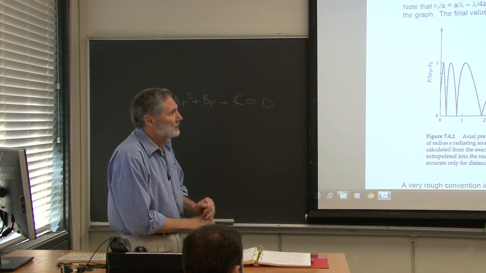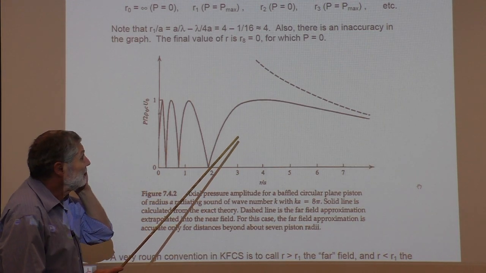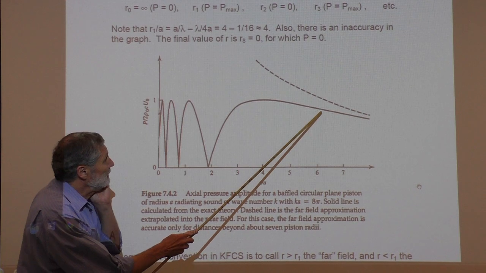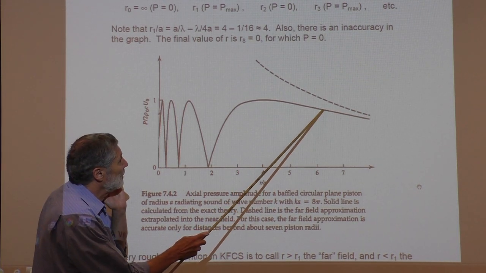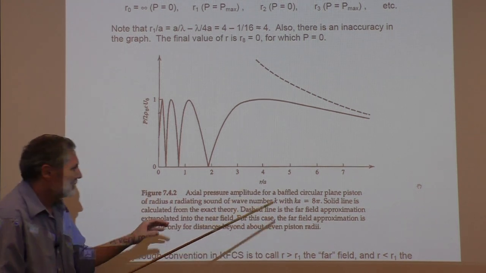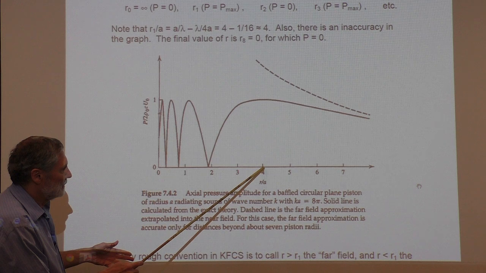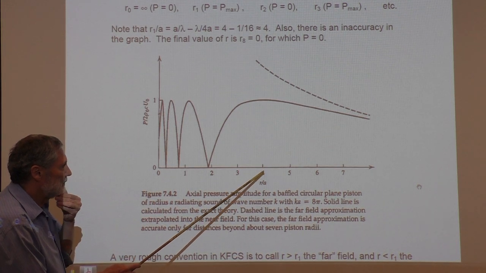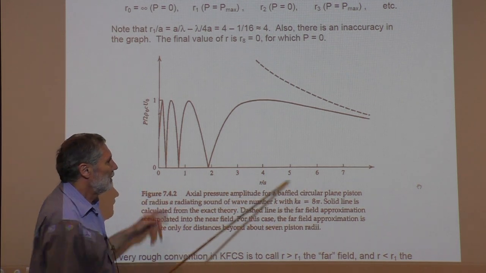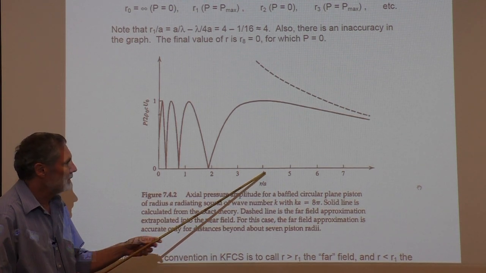Well, we've got a problem here. For this to be in the far field, to have the pressure fall off as 1 over r, we have to be out here. We don't have to be very much greater than, this is r over a here, 4 times the radius of the disk.